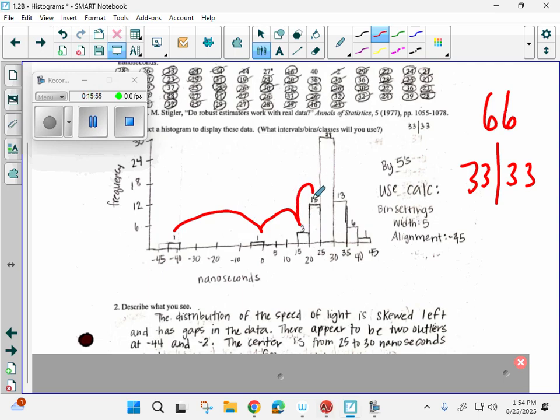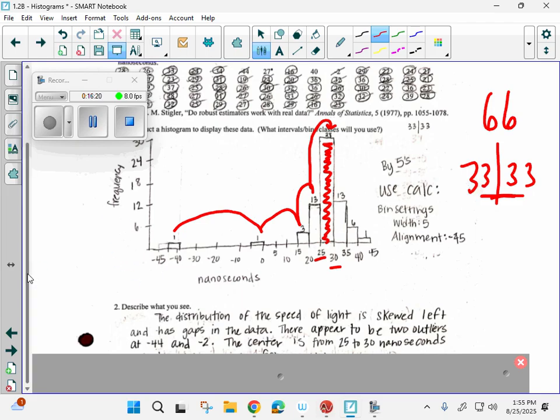Am I at the halfway point yet? No, because I got to be between 33 and 34. Now I'm going to add 18 plus 28 because this guy goes up to 28. What's 18 plus 28? Yeah, more than. So that means my median is in this bin from 25 to 30 nanoseconds. Okay, so the median is from 25 to 30.